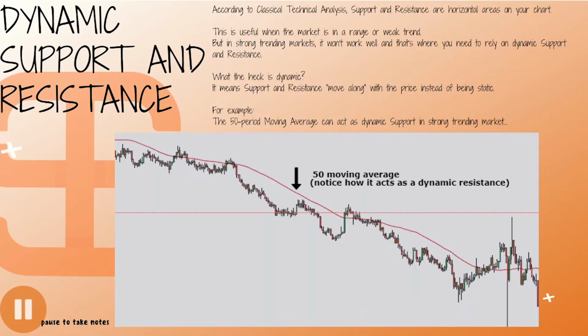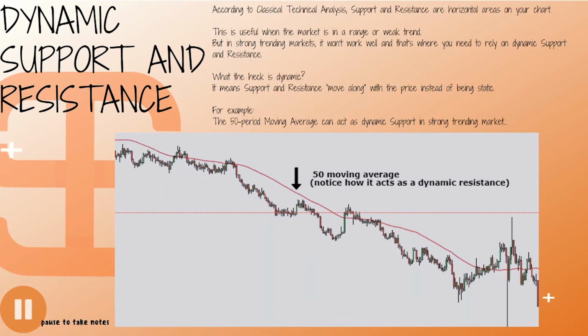Now, we have something that's also very important in our strategy. It's called dynamic support and resistance. According to classic technical analysis, support and resistance are horizontal areas on your chart. This is useful for when the market is in range or a weak trend, but in strong trending markets, it won't work. And that's where you need to rely on dynamic support and resistance.